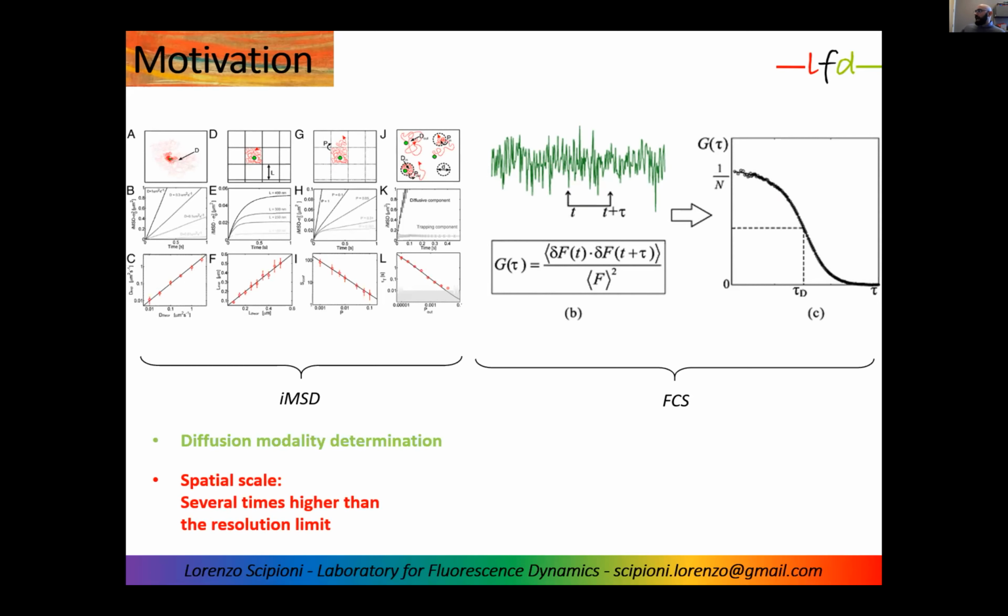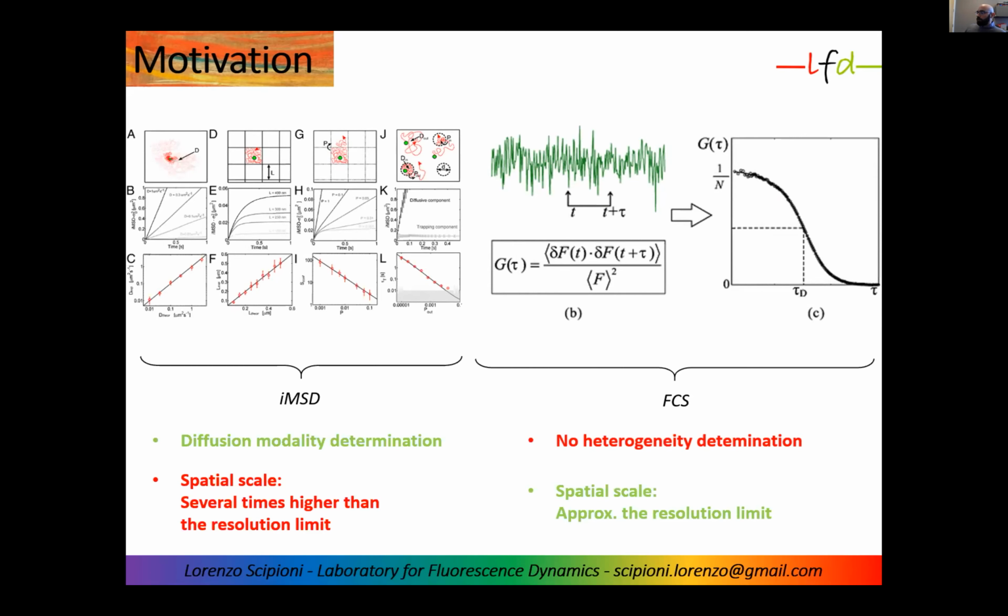On the opposite side, we have FCS. FCS doesn't have the same potential as iMSD to assess the heterogeneity of motion within the confocal volume, but it's applied to a confocal volume, so it reports on a volume which is approximately the resolution limit.